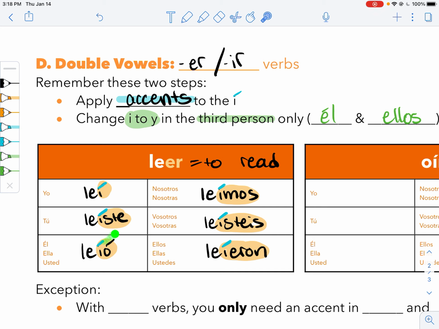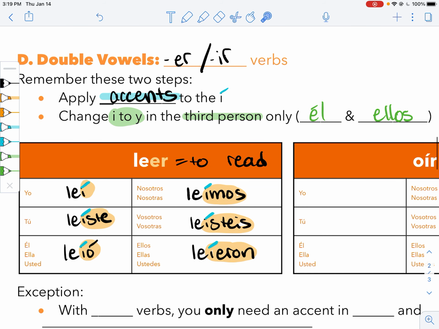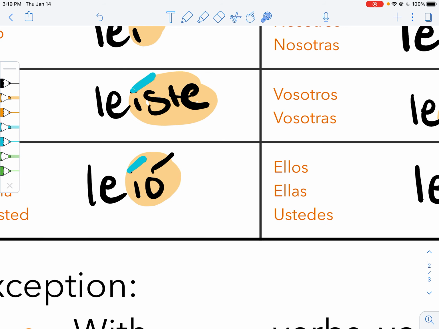Leí, leíste, leímos, leístes, leyeron. But it's not enough. Okay, here we have 3 vowels in a row. That is not enough oomph on our I, basically. So on our él and ellos, we're going to take that I and we're going to say, you know what? That was a valiant effort, my man. But why, though?